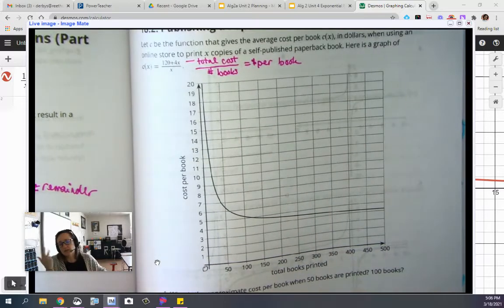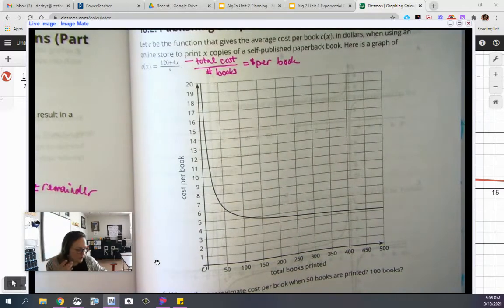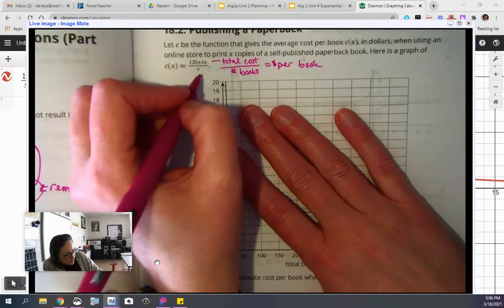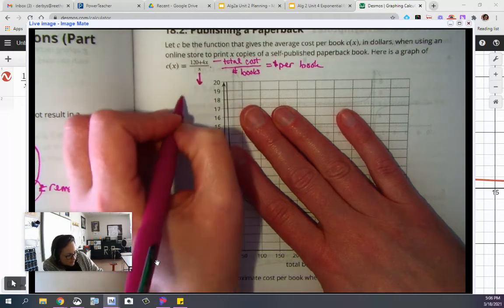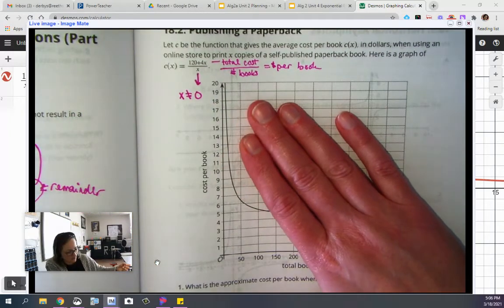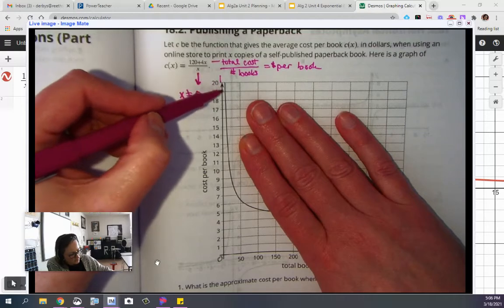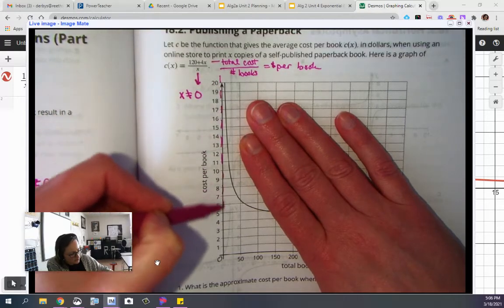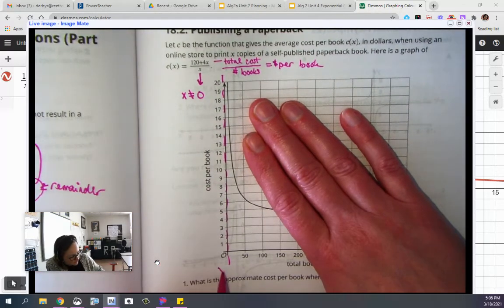That's nice, because then I know how much I should charge so I can make a profit. Okay. Now this x denominator is just x, and we know that x cannot equal 0. The denominator cannot equal 0. So we have a vertical asymptote at x equals 0.